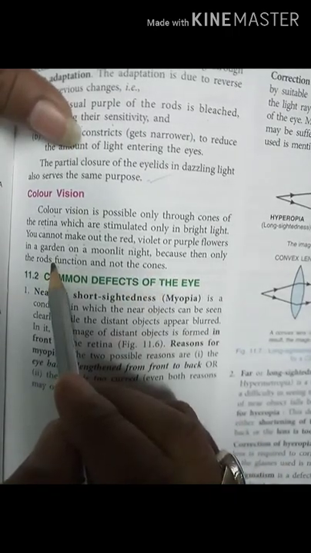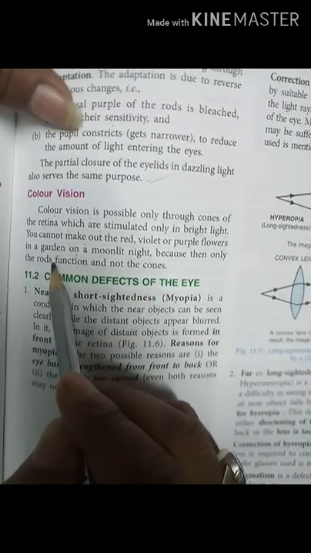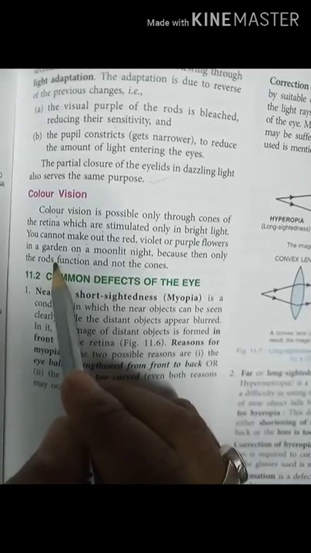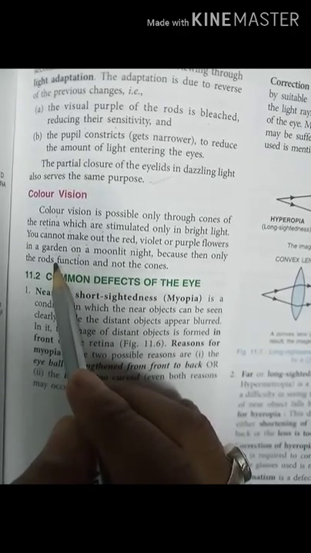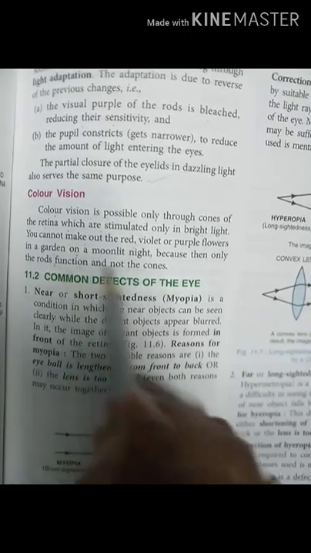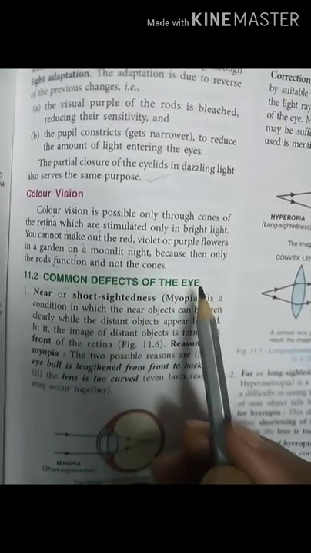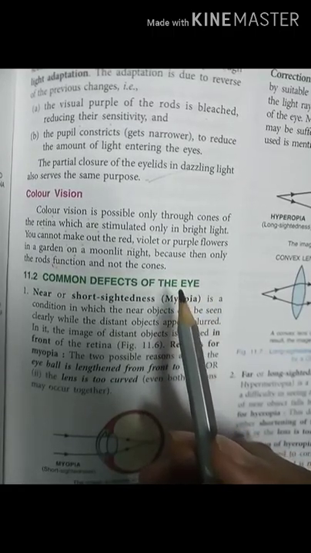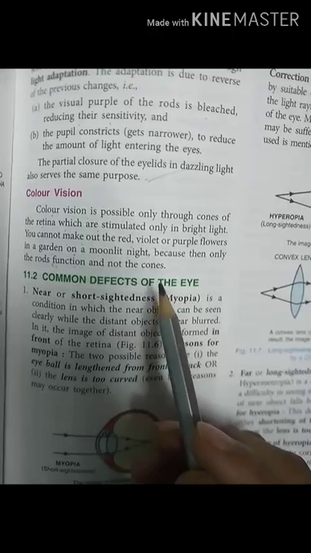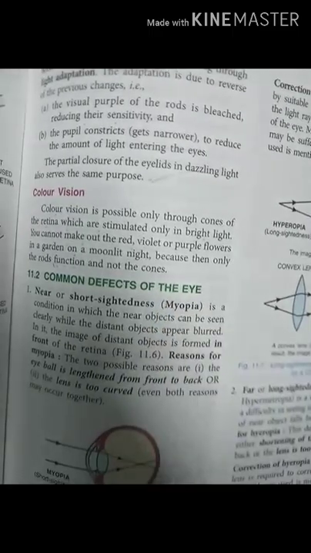Rod cells contain rhodopsin and can be active only in dim light, but cannot differentiate among colors. That's why in the dark we are unable to differentiate or even identify colors. But cone cells that contain iodopsin are suitable for color vision because they perceive various colors.